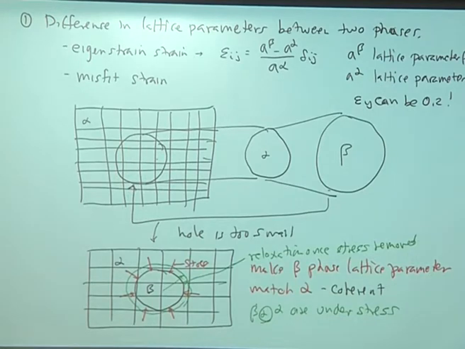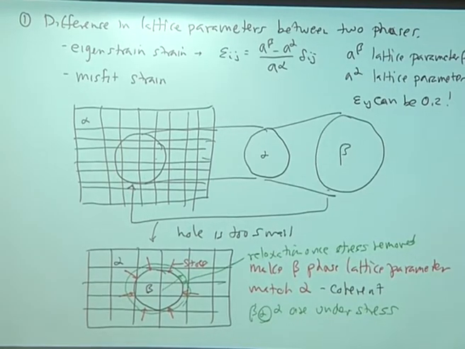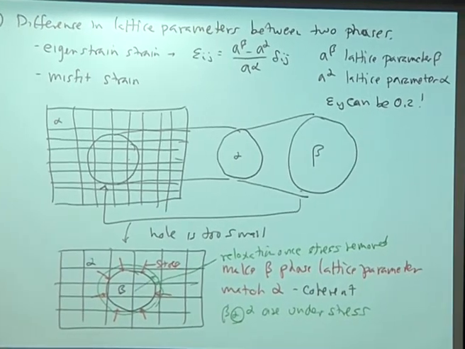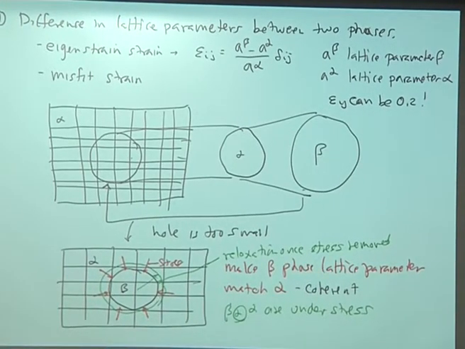Now we're going to try to describe this whole process that I showed you here mathematically. And what you do is when you go from here to here, you're applying a strain, epsilon ij, right?